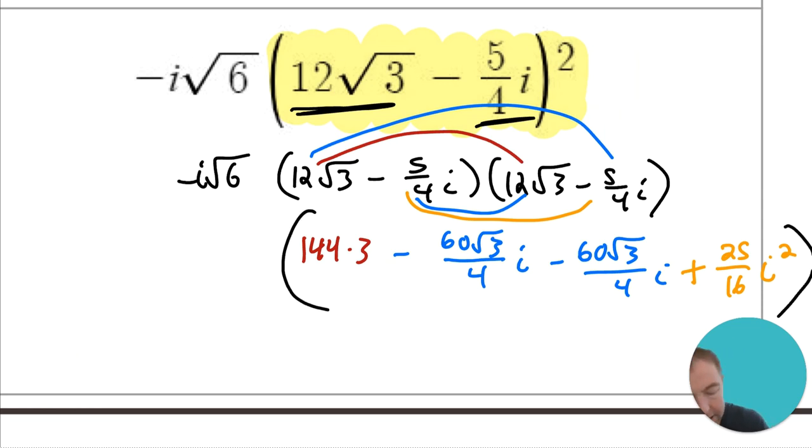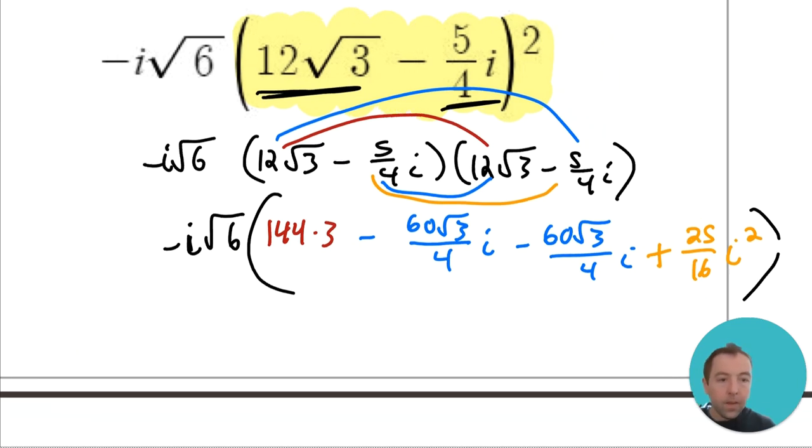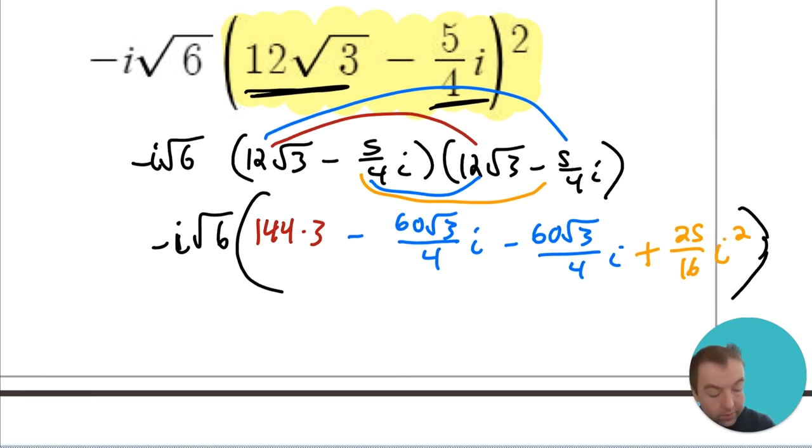Okay, so all of that is going to eventually get multiplied by the negative i root 6 in a little while. So we can simplify in the parentheses quite a little bit of stuff. So you should notice that right here, 60 is divisible by 4. It's actually negative 15. So negative 15 root 3i, and that's also what that is. So you're going to end up with negative 30 root 3i.